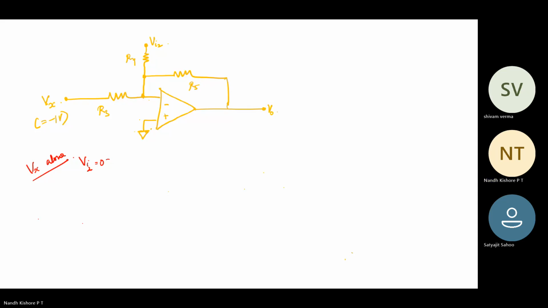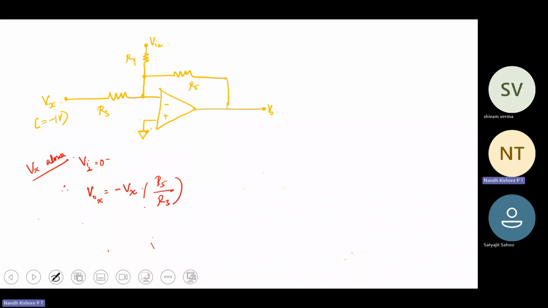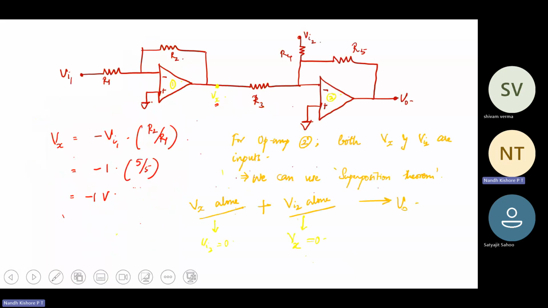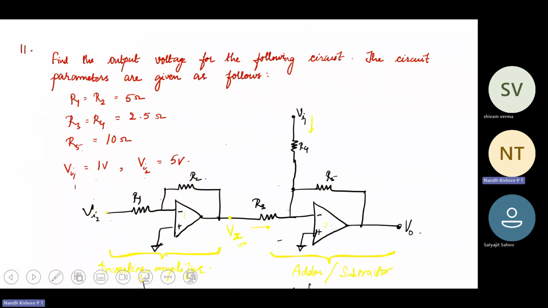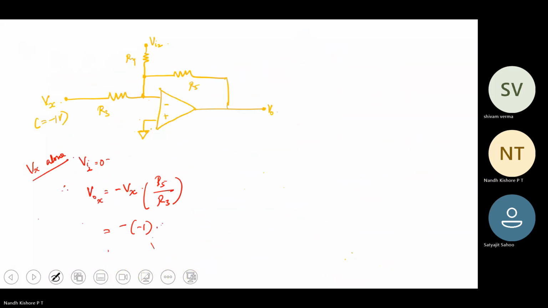Therefore, your V0, or V0x, let me call it, is going to be minus Vx into R5 by R3. So Vx is minus 1, into R5 by R3. What is R5, R3? R5 is 10, R3 is 2.5.